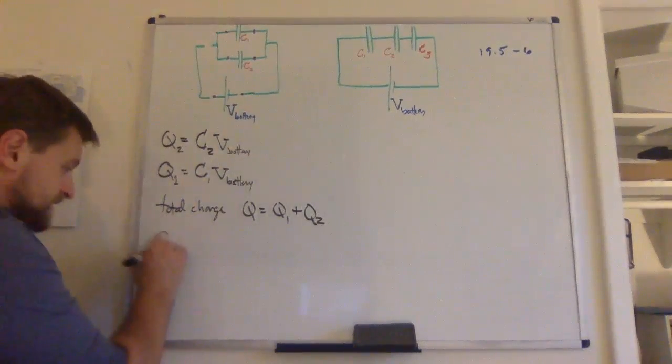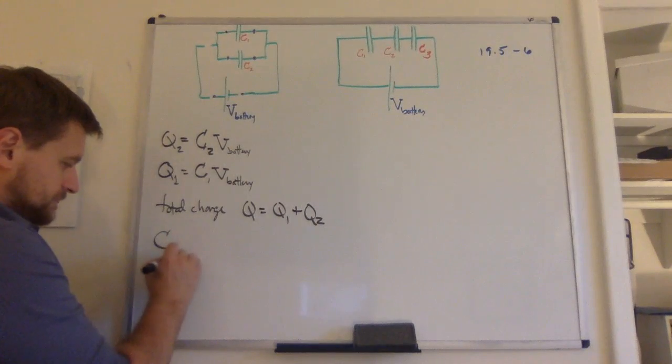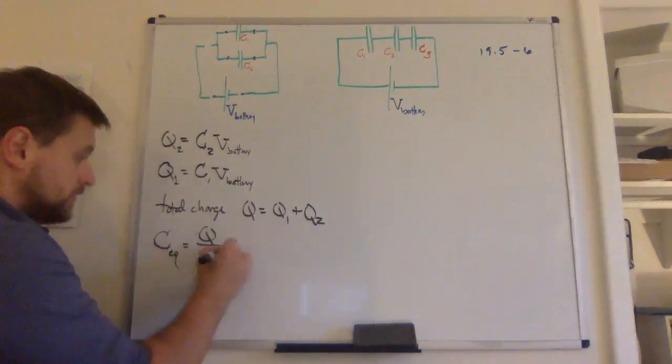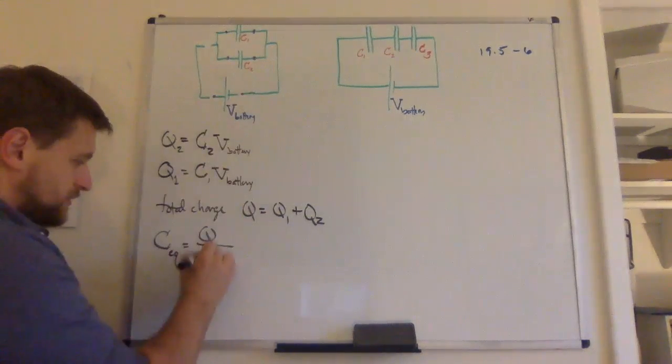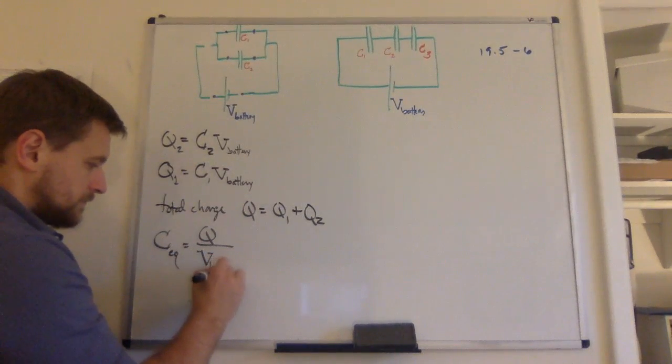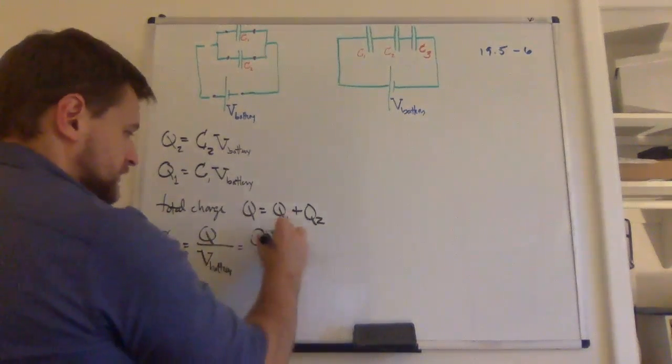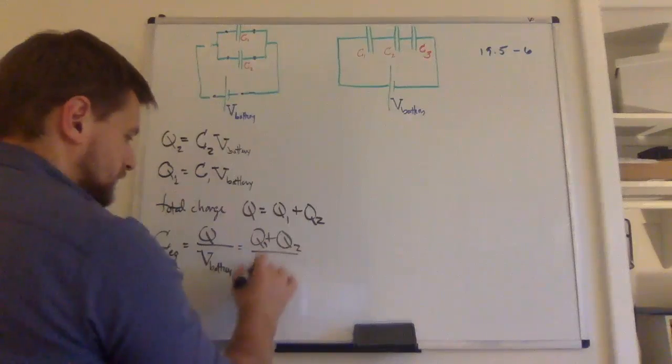All right, so the equivalent capacitance is the total charge we're moving, Q, divided by the potential difference we used to do it. Q is Q1 plus Q2 divided by V battery.